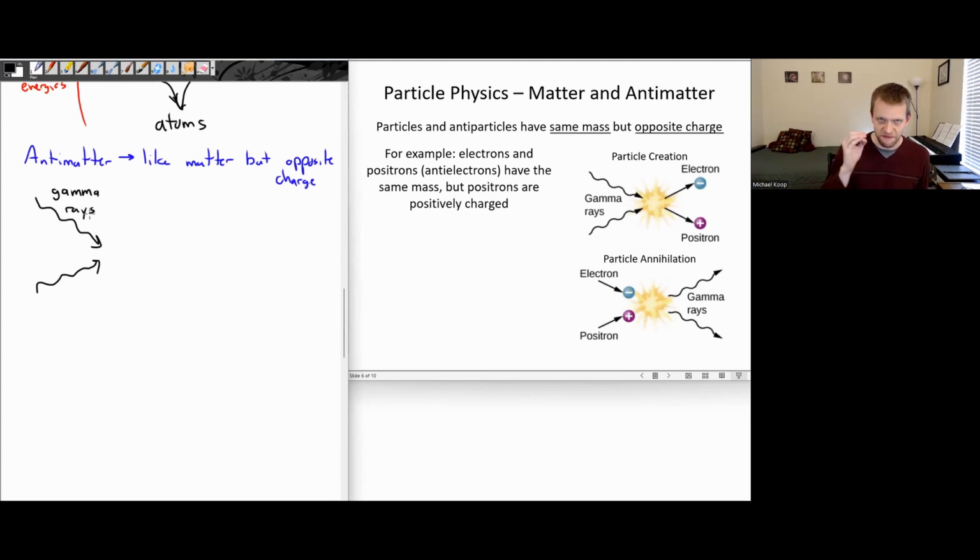These have to be very, very high energy photons in order to do this. They can actually come together and produce a particle and an antiparticle. We call this a particle creation reaction.